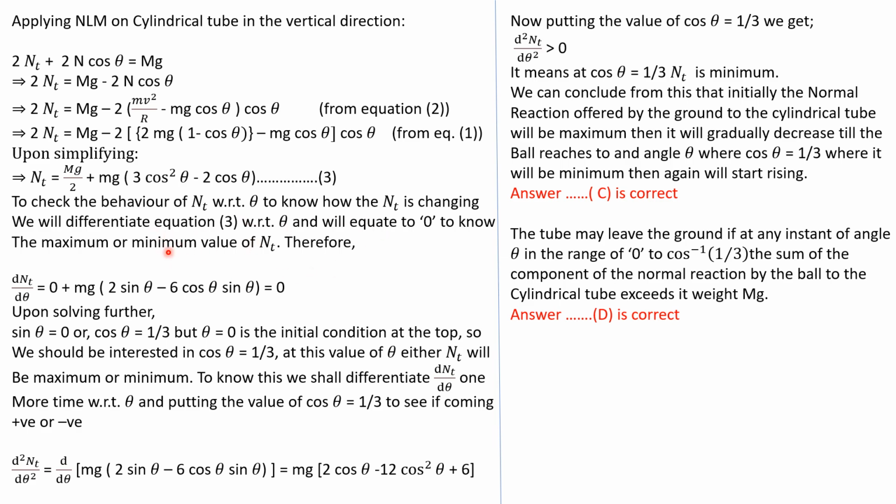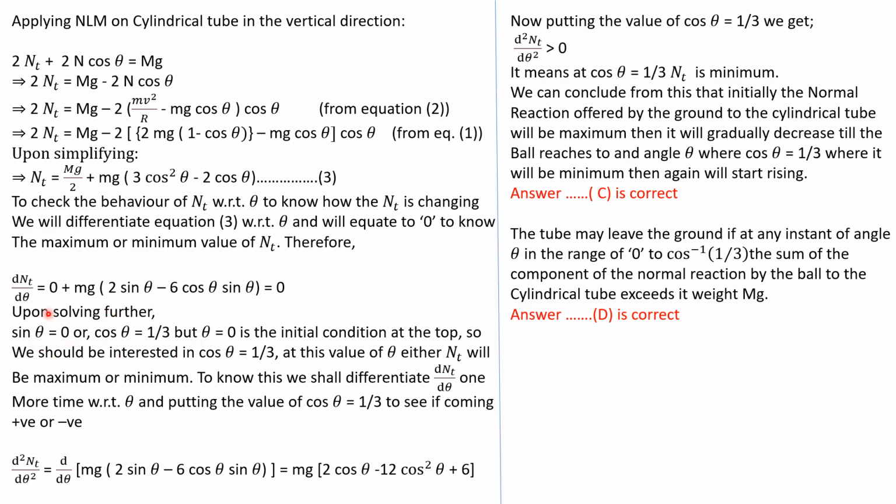That is one of your choices given in the question. So we have differentiated it with respect to theta and equated it to 0. So we got two things: one is sine theta is equal to 0, or cos theta is equal to 1 by 3.